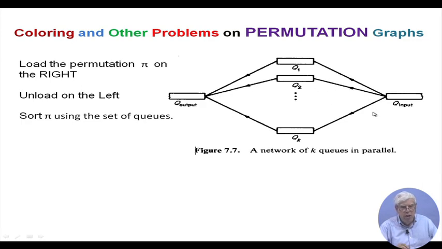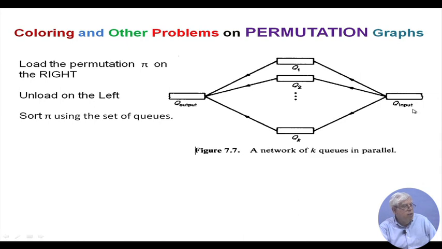So for example, if you had 2 in front of 1, how would you get them switched around? Well, one way would be take 2, 1, put 2 up here, put 1 over here, pull off 1, and pull off 2, and then they would be sorted into their correct order. Well, this algorithm, using parallel queues, which you sort of are using as an analogy, would be used to sort the pi into its correct order.